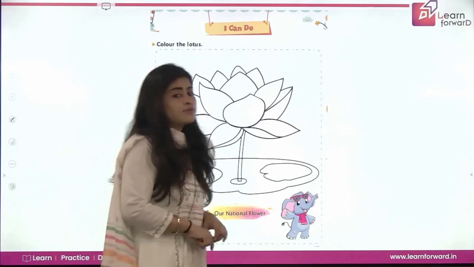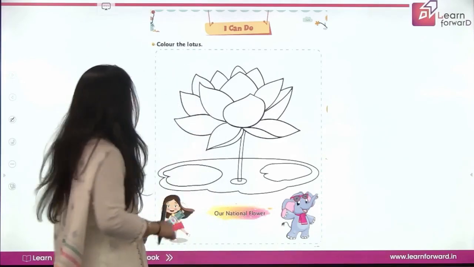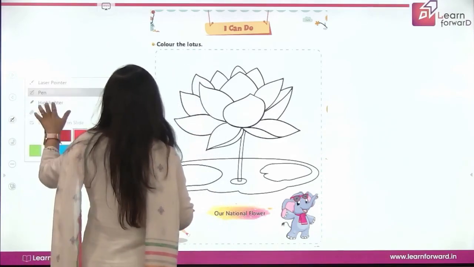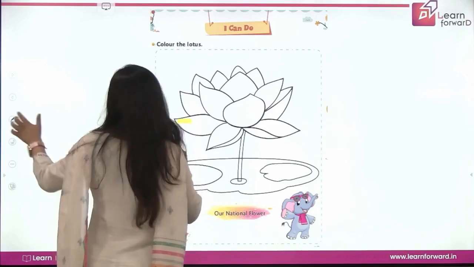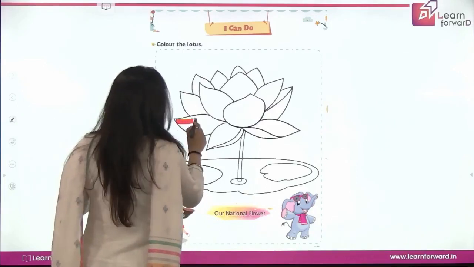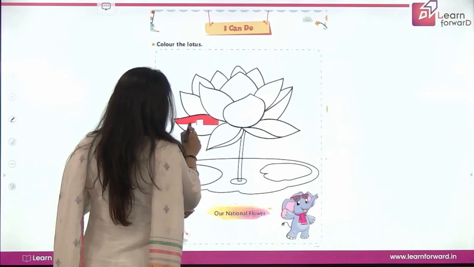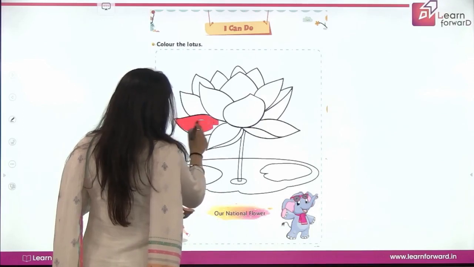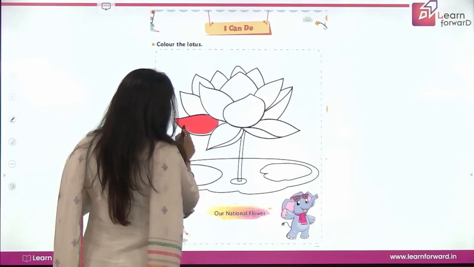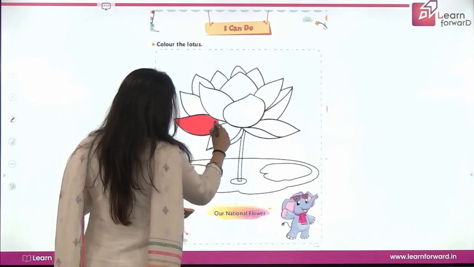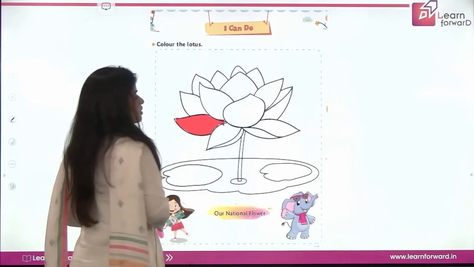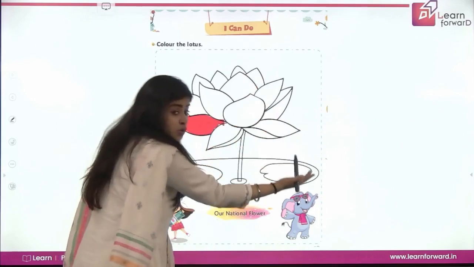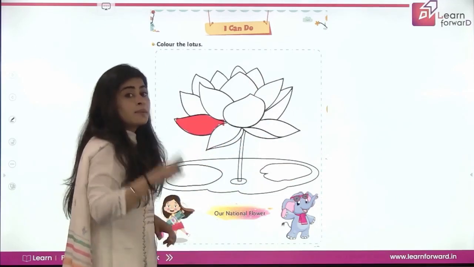But आप सबको पिंक कलर करना है. कैसे? I'll tell you. Like this, you are going to do pink color here. I don't have pink color, that is why I am using red color. Like this. You can color the whole flower using pink color.